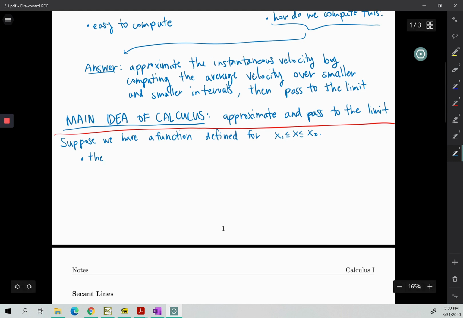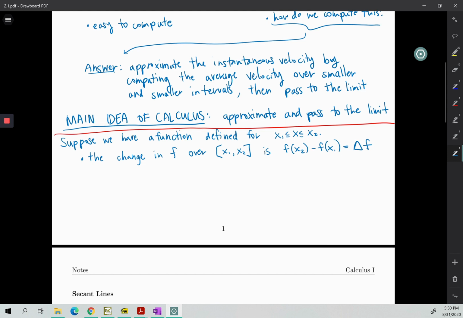The change in f over the interval x1 to x2 is just f of x2 minus f of x1, and the abbreviation that we use for this is delta f, right? And the x1 and x2 aren't contained in this notation, so it's implicit that that is the interval we're talking about.